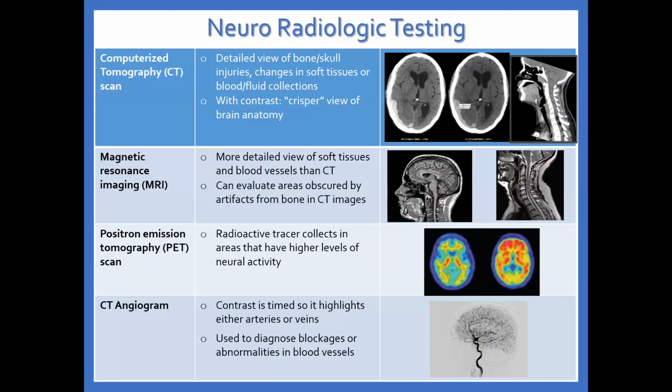And then the angiogram is just like a heart cath. It's a brain cath. It's where we're looking at the blood flow around the brain. Here you can see the carotids coming up. You can kind of see the circle of Willis there. And then we got the posterior, anterior, and middle cerebral arteries going up there. So you can do an angiogram. It's the same as going to a cath lab.